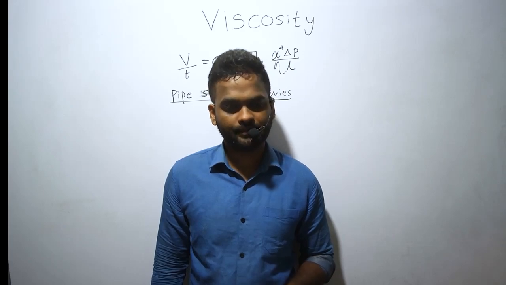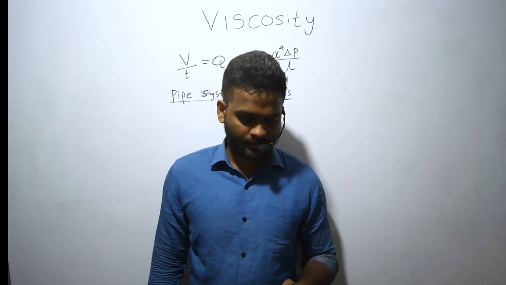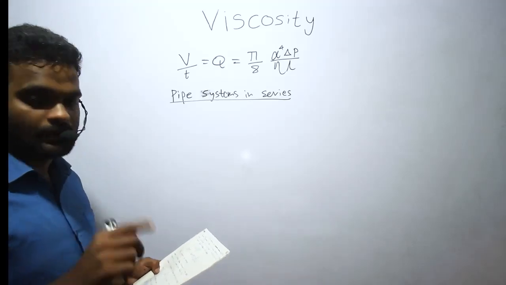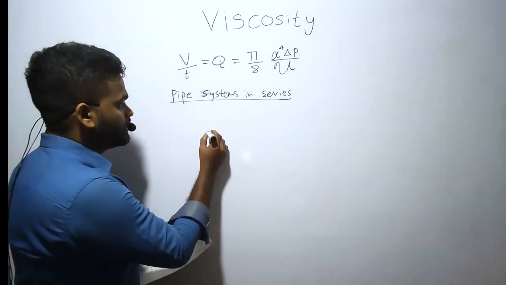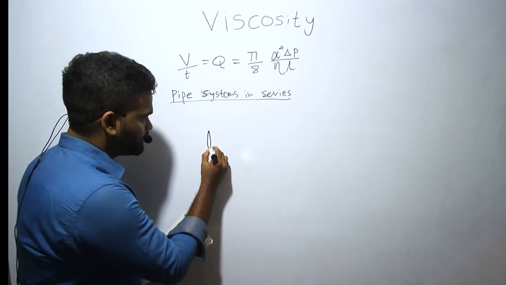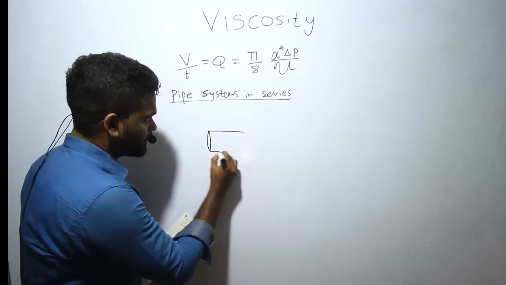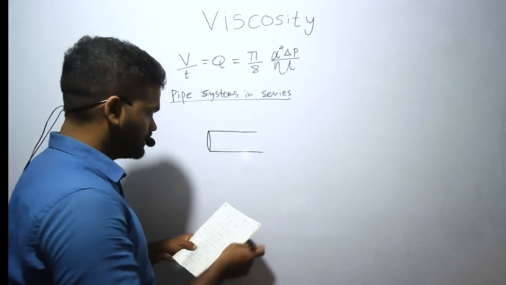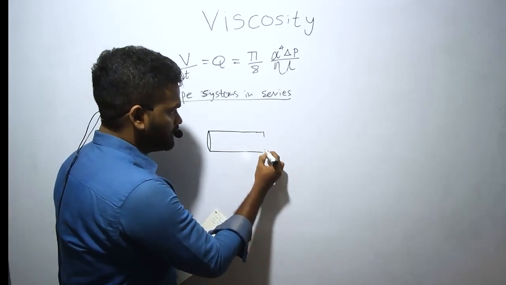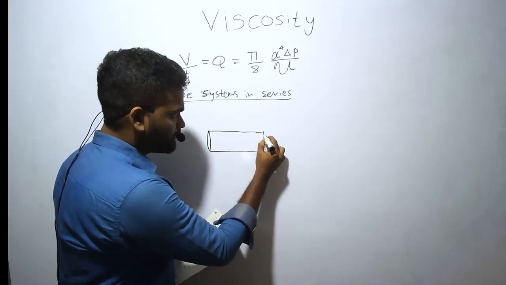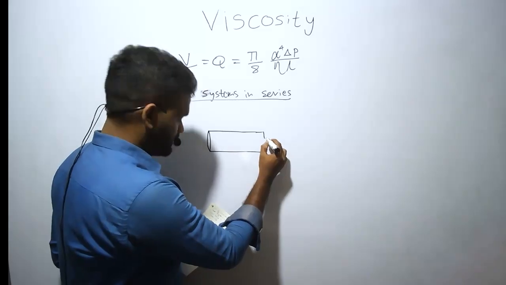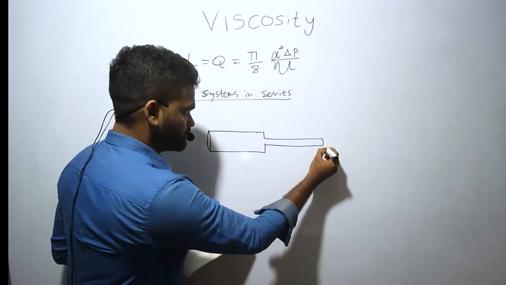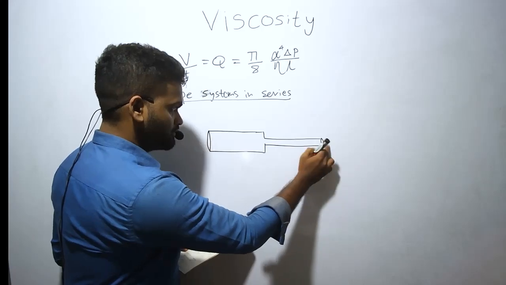Now listen. So this is one pipe, right? These are thin pipes actually. Then you connect another pipe here to the end of this pipe. Let's say this is the other pipe.